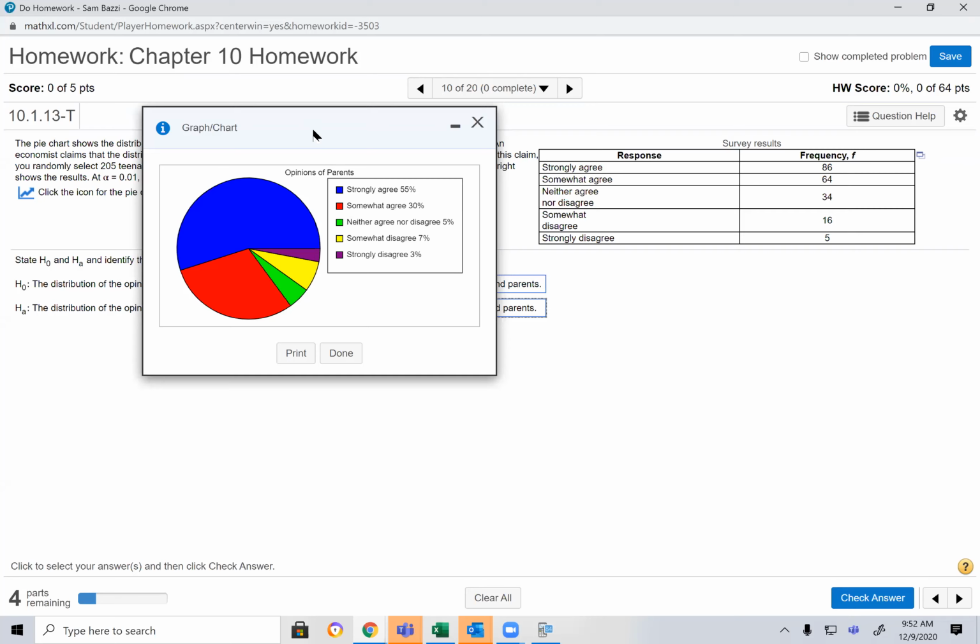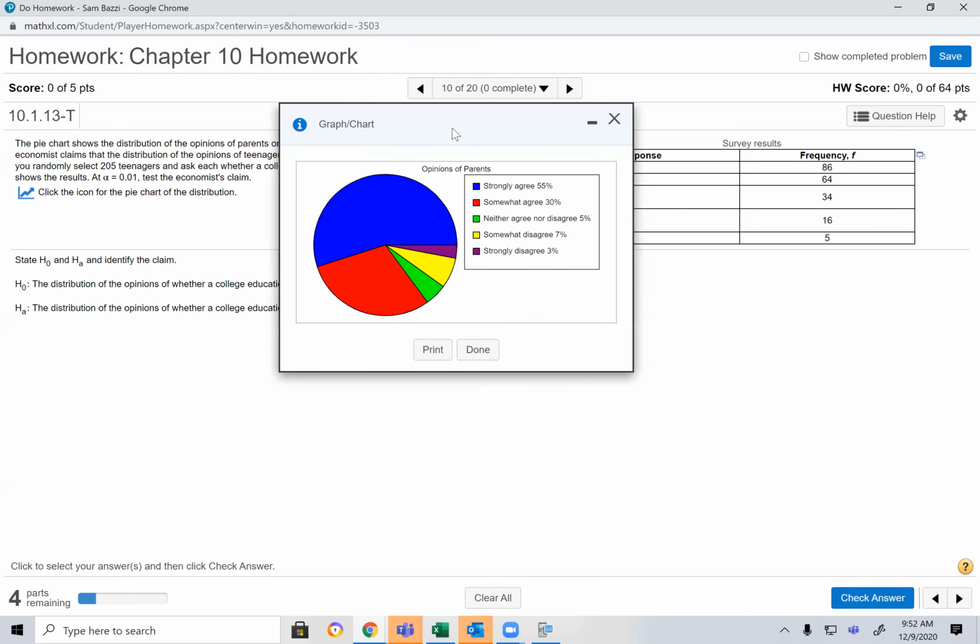Yes? No feedback? Can someone tell me what would be the expected values here?